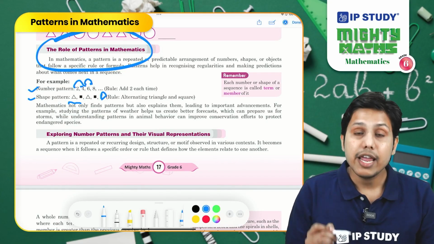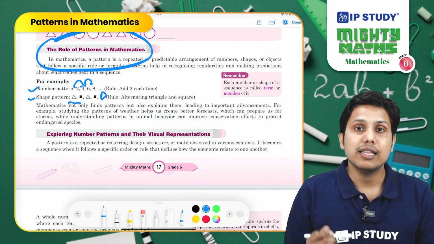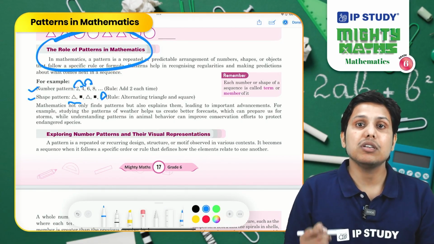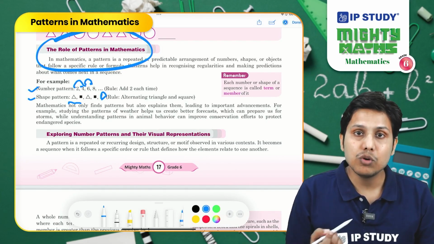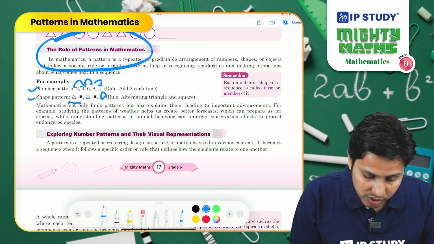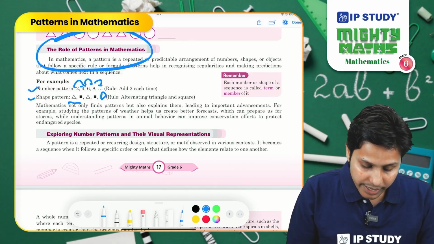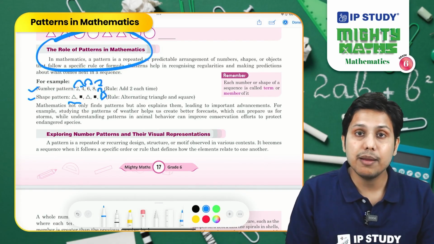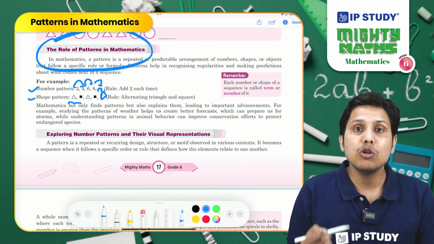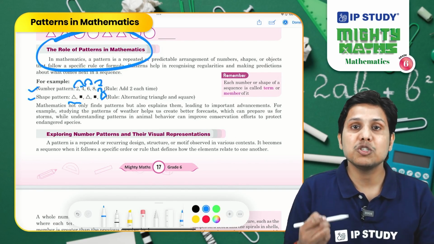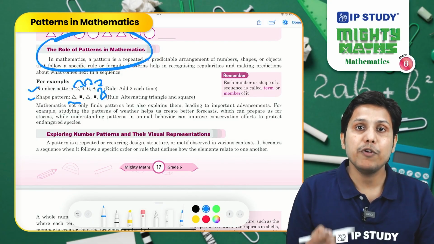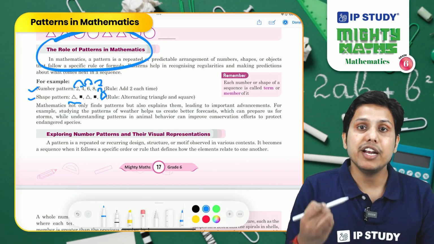Now students, if a pattern follows a rule, that is if its members are defined by a rule of mathematics or a certain rule, like here we can find out the next number, here we can find out the next shape, then these patterns can also be considered as a sequence. So basically a sequence is a special kind of a pattern where the pattern follows a definite rule.